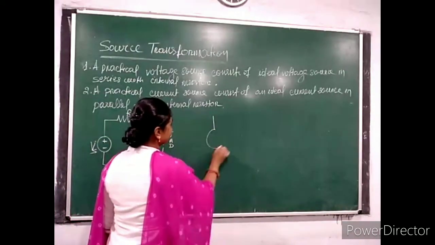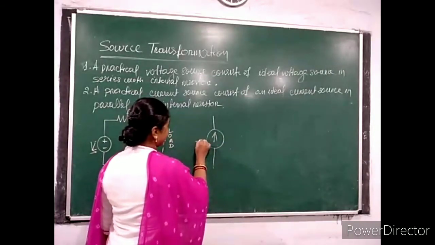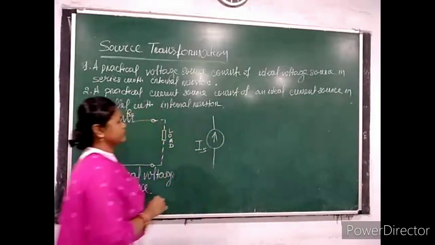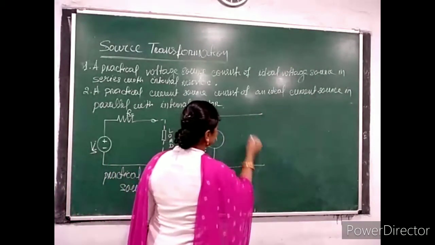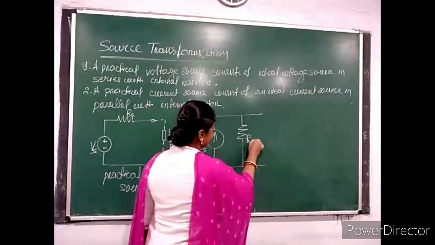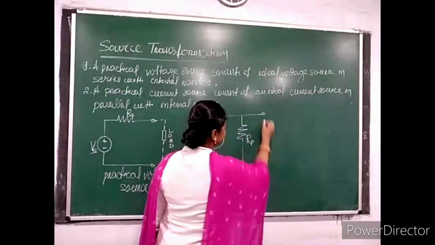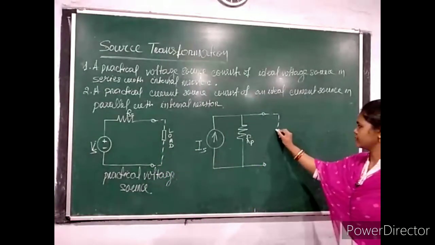A practical current source consists of an ideal current source in parallel with internal resistance. Here maybe a load is connected in this case.